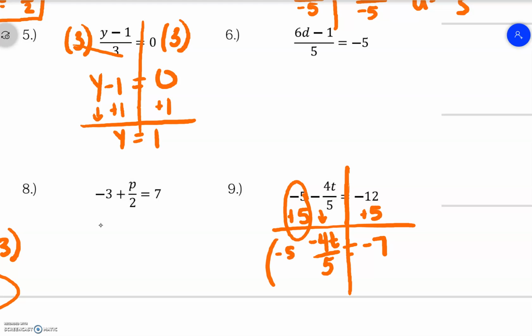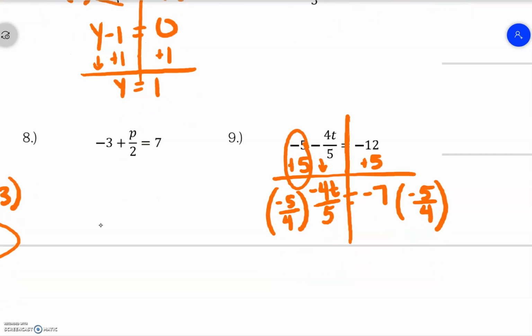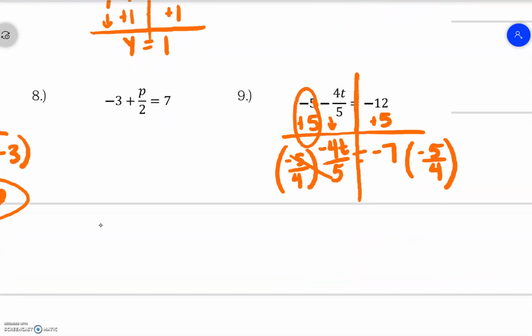So I'm going to flip my fraction and multiply, because that cancels out here, leaving us with 1t equals 7 times 5 would be 35 over 4, because that's 7 over 1, 1 times 4. Would my answer be positive or negative? Right, positive, because it's negative times negative.